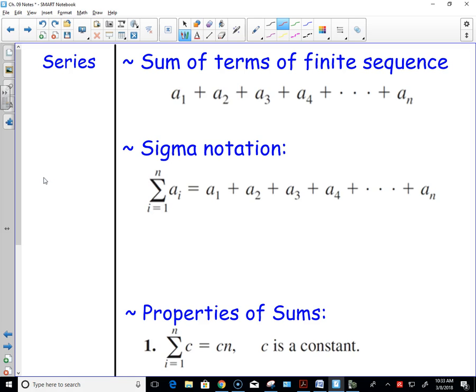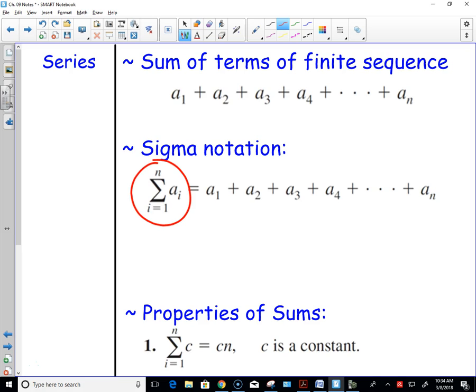Sigma notation. You guys have seen sigma before. Remember? This sigma gives you where to start plugging in and where to end plugging in. And you plug in only whole numbers, counting numbers. Like we've been talking about, n is the entire time. So the sum of the terms of a finite sequence, a1 plus a2 plus a3 plus a4, we can summarize that whole thing into this nice little short, sweet notation.